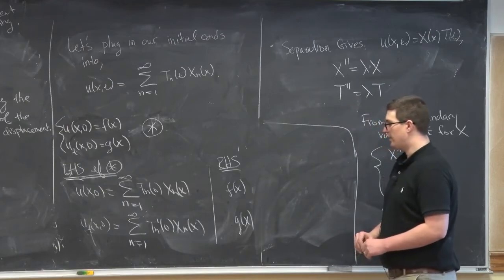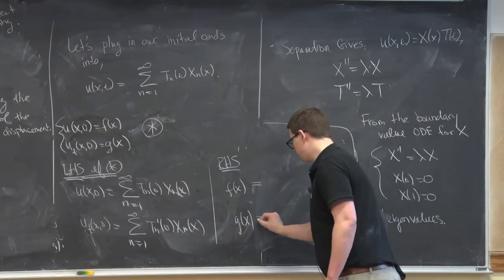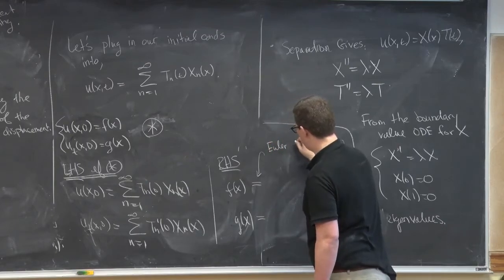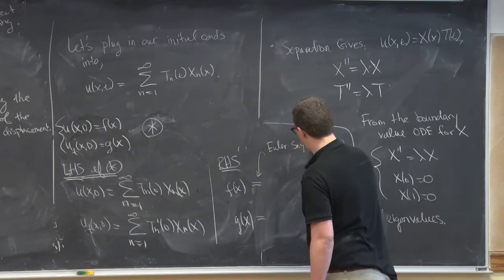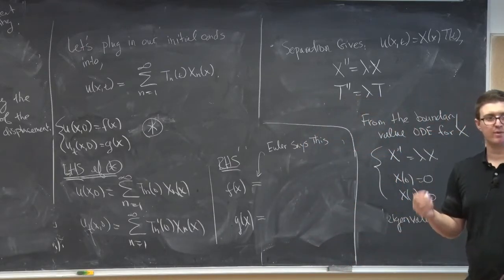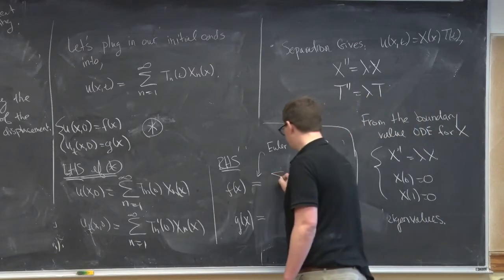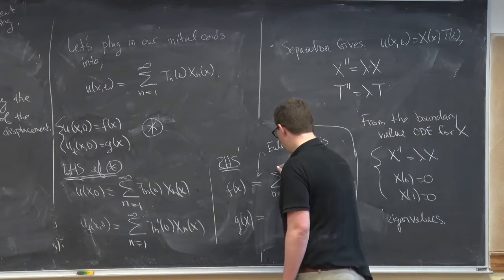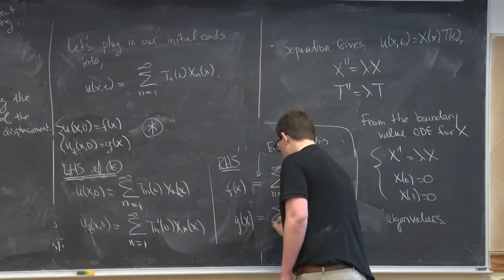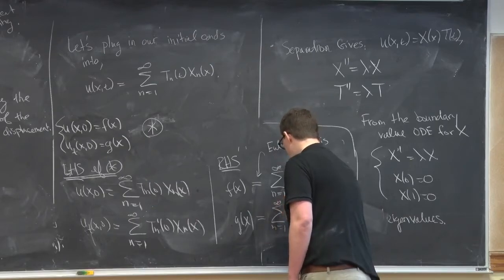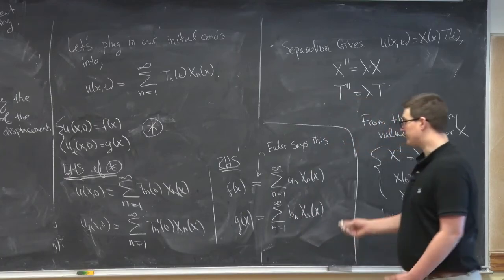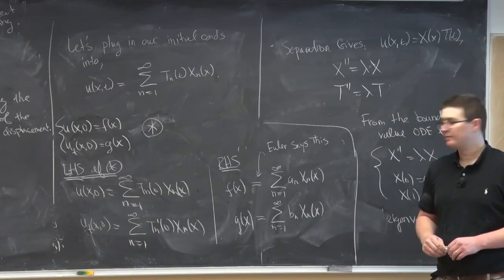So this is what Euler does. We pretend that this function looks like the sum from n equals 1 to infinity of a_n X_n(x), and this one is the sum from n equals 1 up to infinity of b_n X_n(x), for some sequences of numbers a_n and b_n.